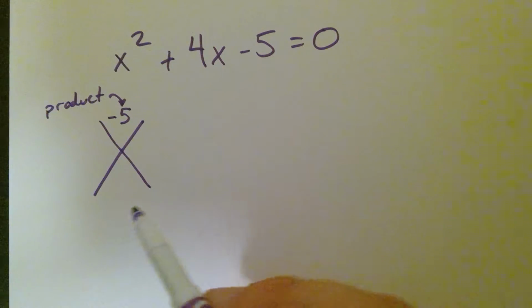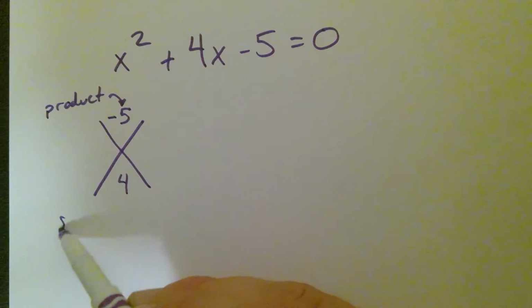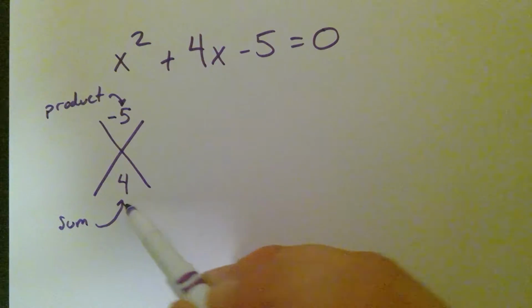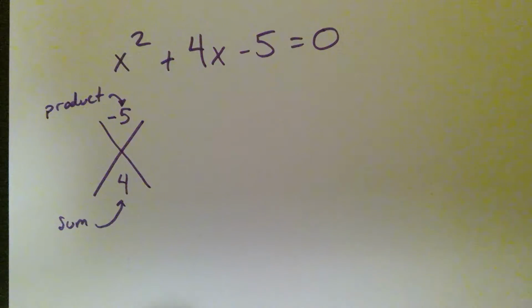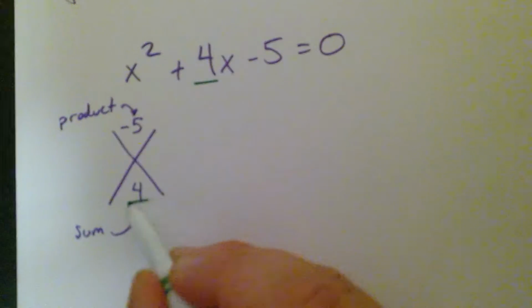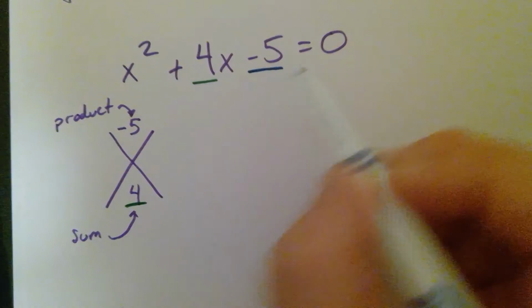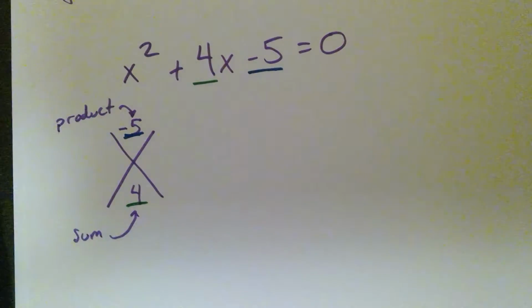And then in the bottom part, we're finding what two numbers sum to make 4. I'm going to do some color coding. They sum to make 4. They multiply to make -5.